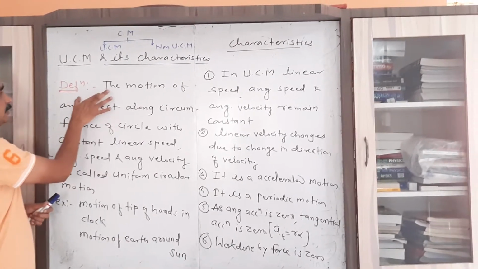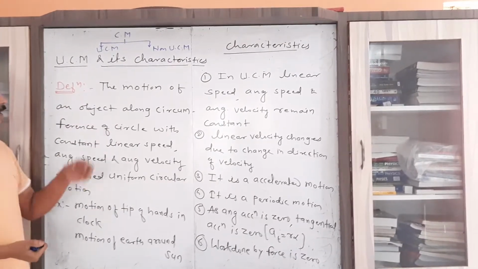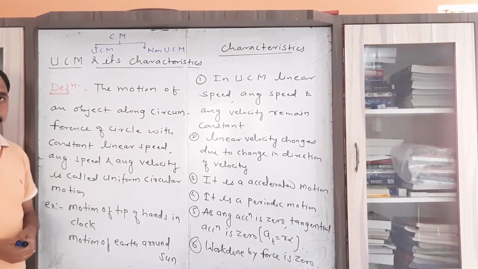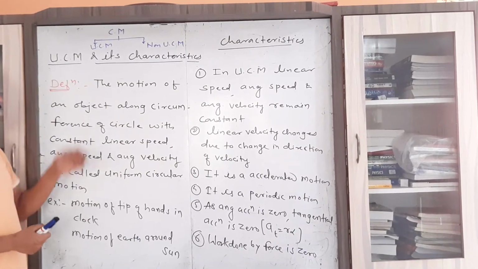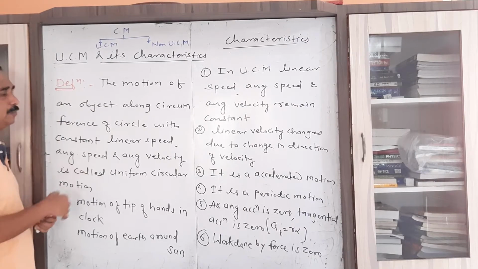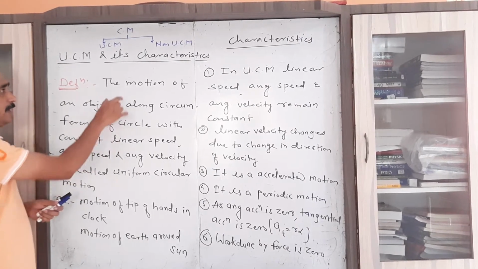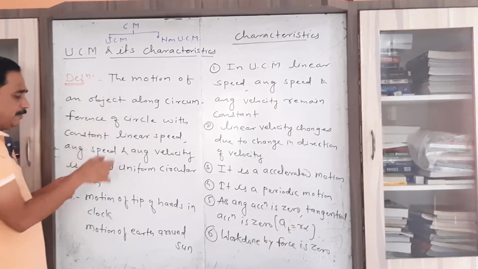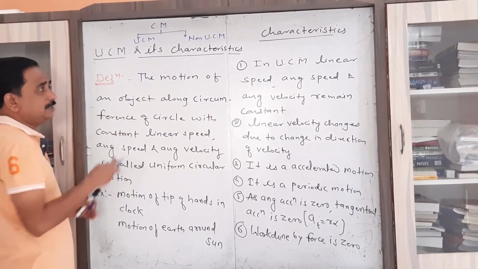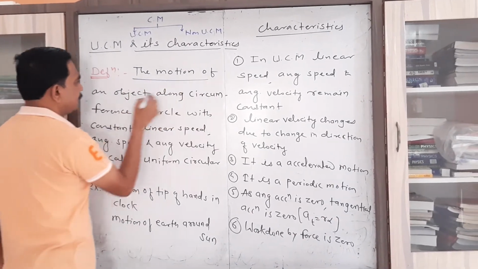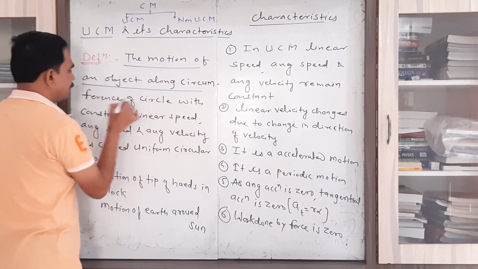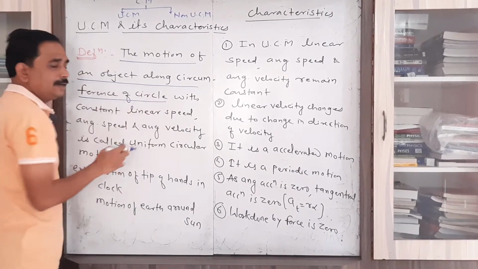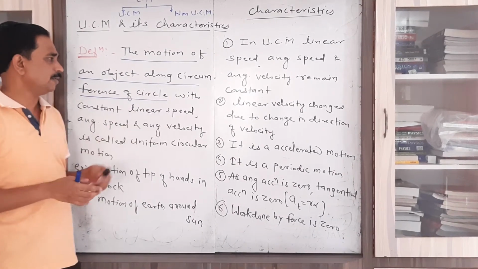First of all, consider the definition. What do you mean by UCM? It is abbreviated as UCM, that is the uniform circular motion. Simply, you can consider the basic definition of circular motion, which is the motion of an object along the circumference of a circle.